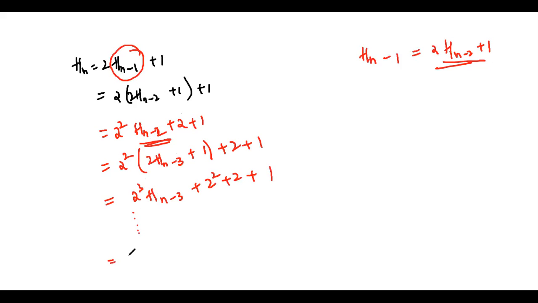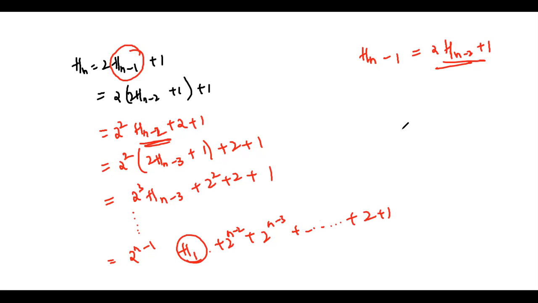If we continue doing this, Hn will be equivalent to 2 power n minus 1 H1 plus 2 power n minus 2 plus 2 power n minus 3 and so on up to 2 plus 1.